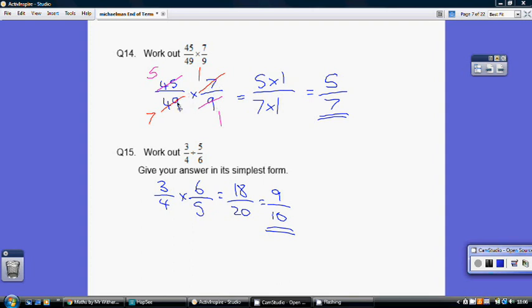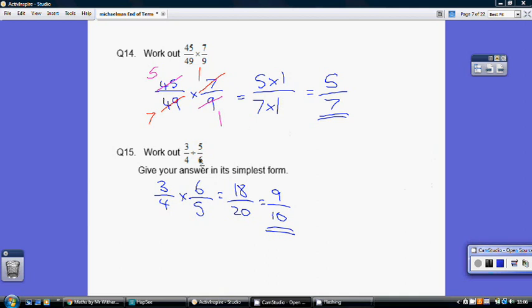Similarly with the 7 and the 49, we can divide both of these by 7, giving us 1 and 7. So with these two simplifications, we're left with 5 times 1 over 7 times 1, which is of course just 5/7.